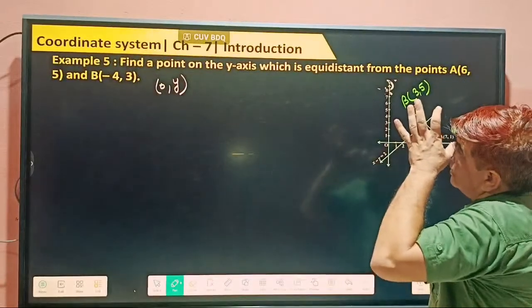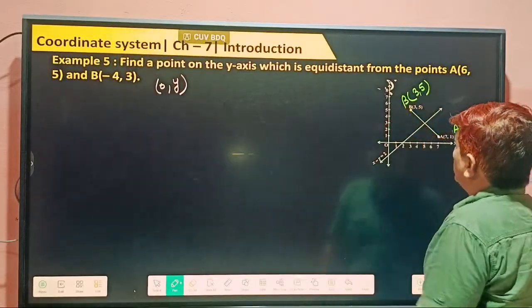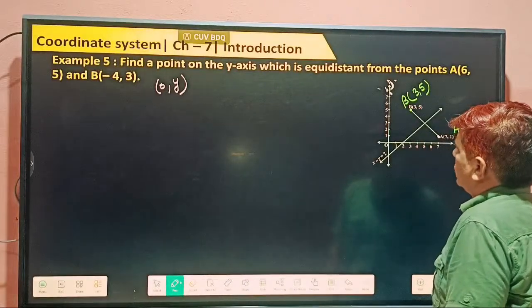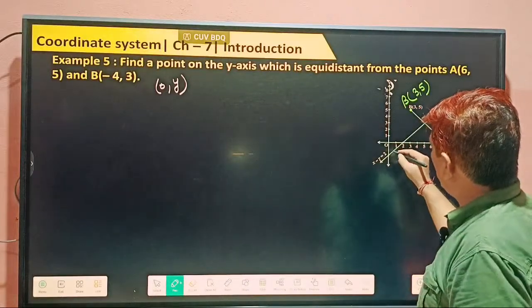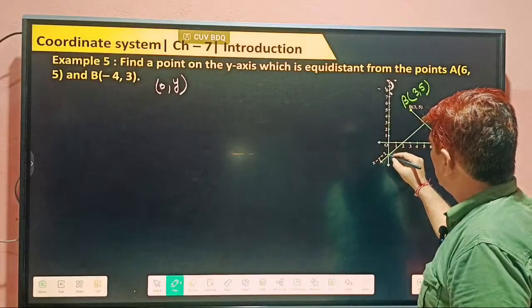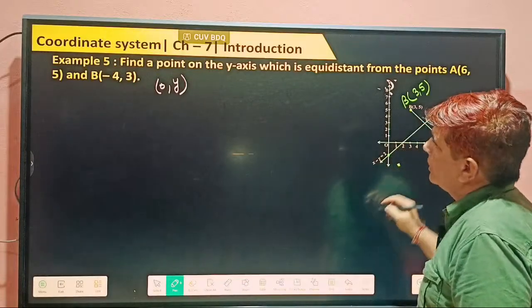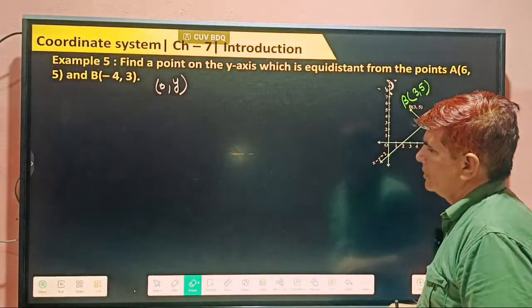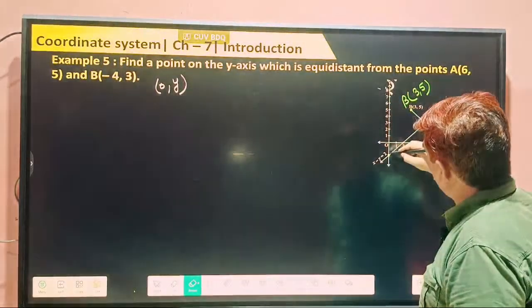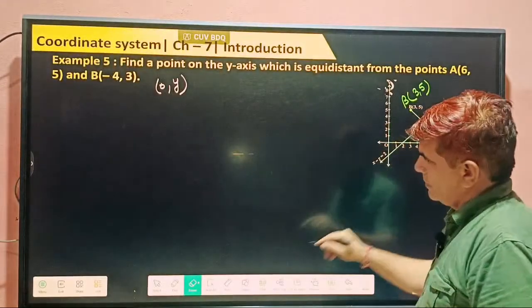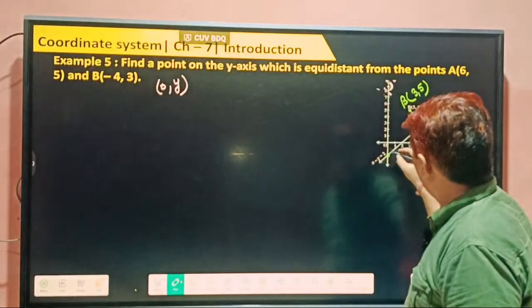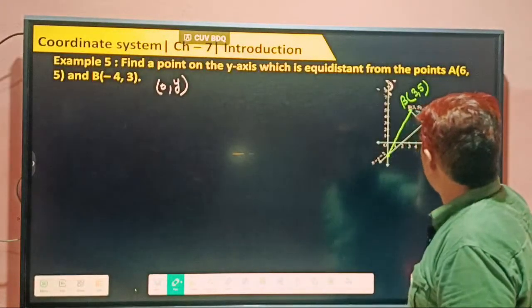Understood? So we have to find out, we are having a point on the y-axis. So we can say this is the point. This is the point which is lying on the y-axis, and equidistant from this point and this point.